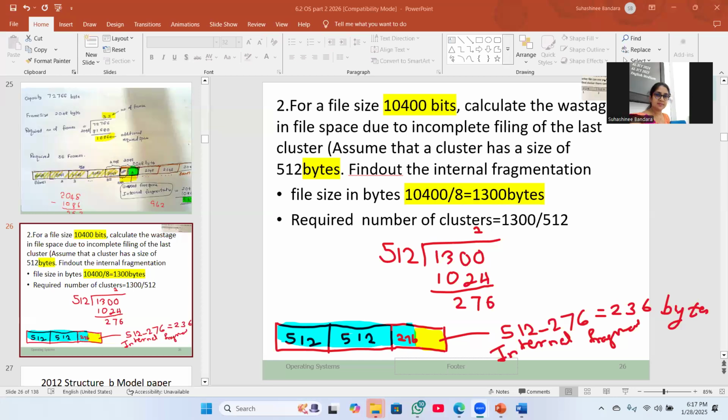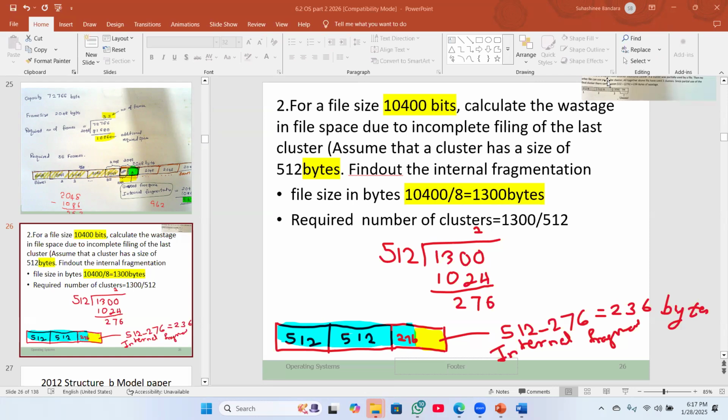Next question, the file size is 10,400 bits. That means we have to check about bytes. Calculate the wastage in the file space due to the incomplete filling of the last cluster. So we have 10,400 bits, then we have to divide it by 8 and find the bytes.